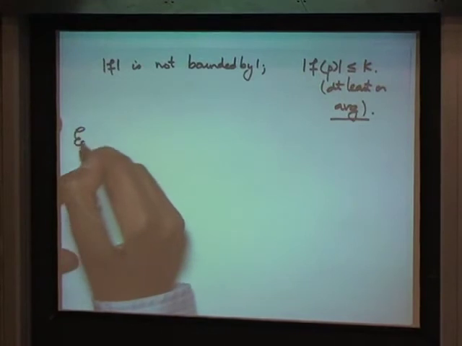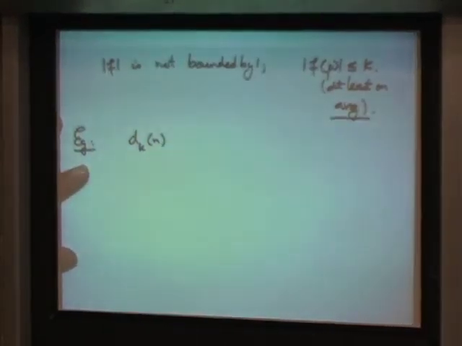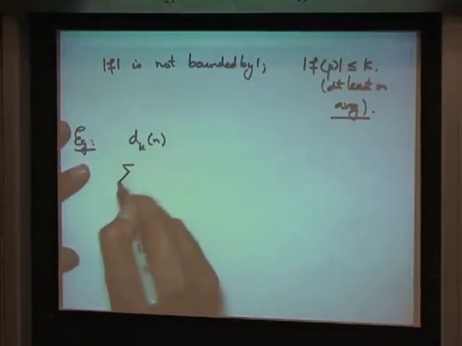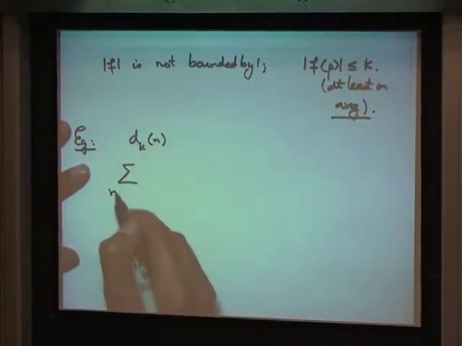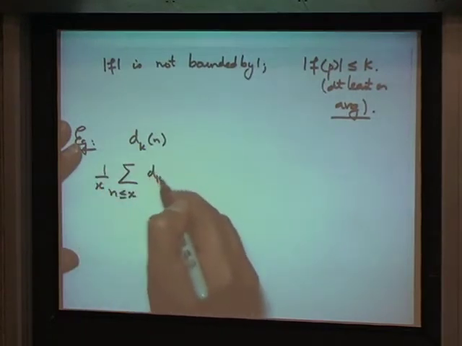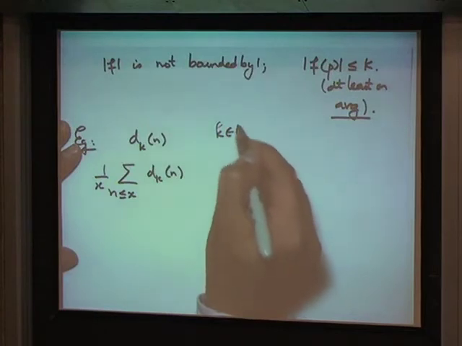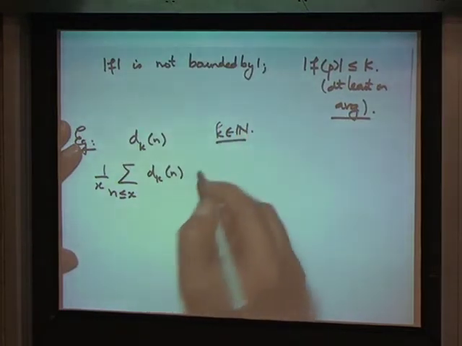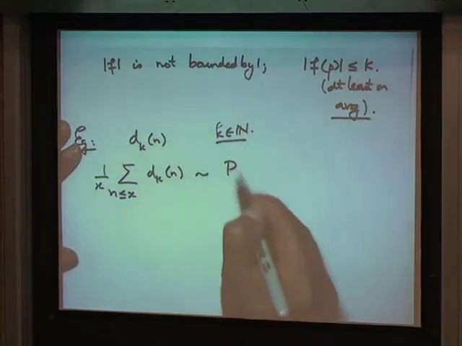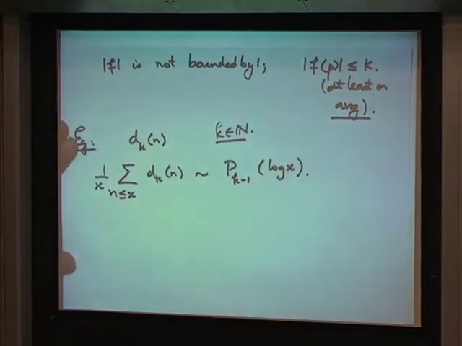say, the k divisor function d_k(n), and then if you average, so I know that the sum n up to x of d_k(n), so k is some integer, that this is asymptotic to some polynomial in log x of degree k minus 1.